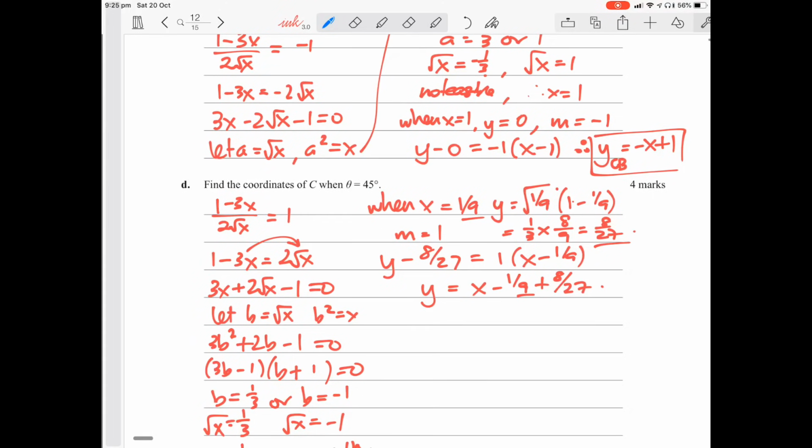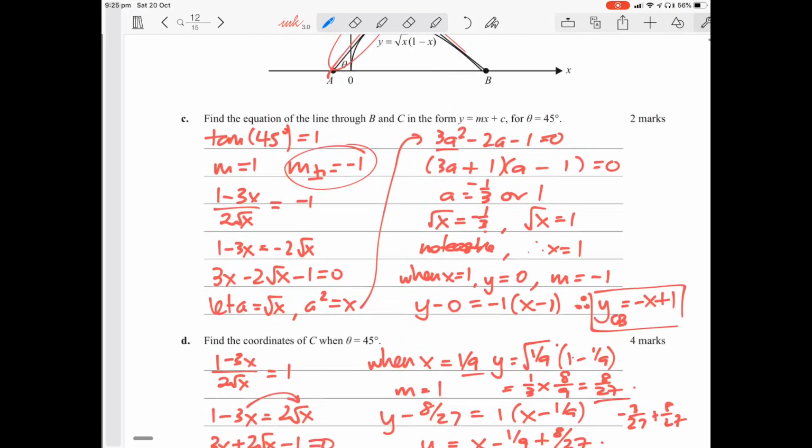Here I've got to put that on 27. So y equals x. Actually, if I put it on 27, I get minus 3 on 27 plus 8 on 27, which is plus 5 on 27. So that is y of AC.